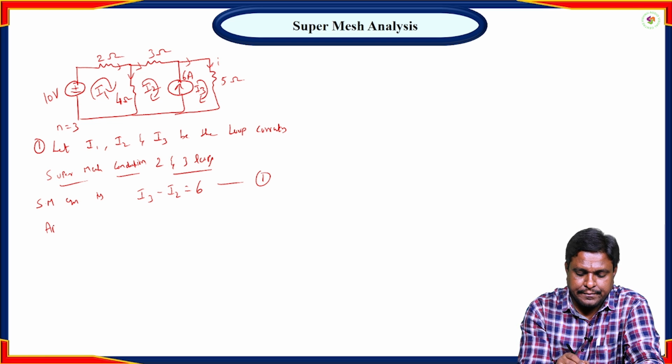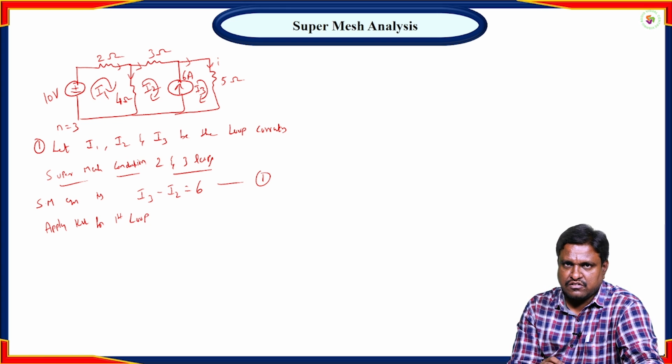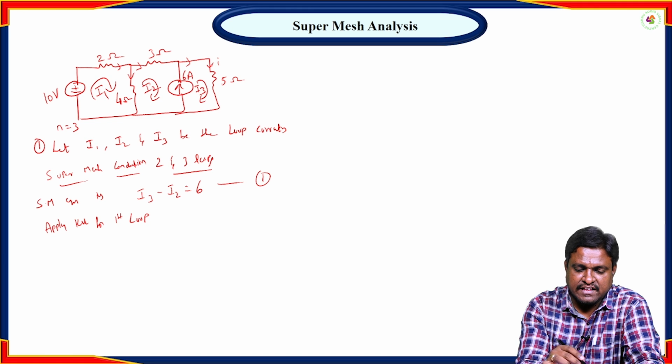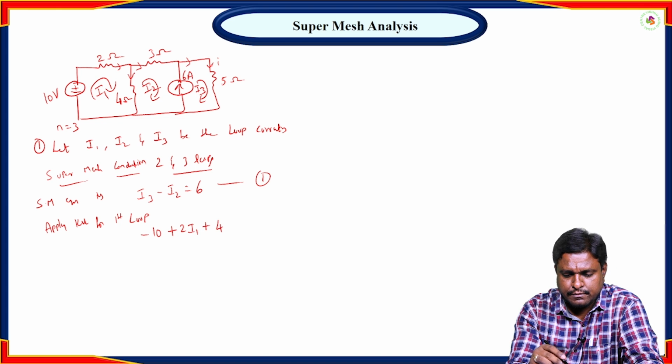Applying KVL for the first loop, as usual, as we discussed in the last problem, we get minus 10 plus 2 into I1 plus 4 into, here we can see that in the branch of 4 ohms, both I1 and I2 are flowing.